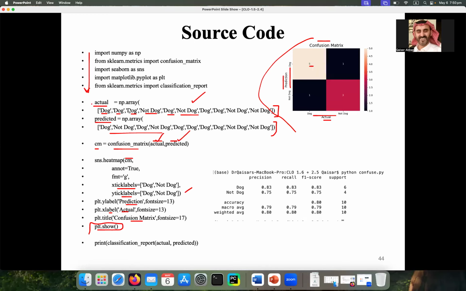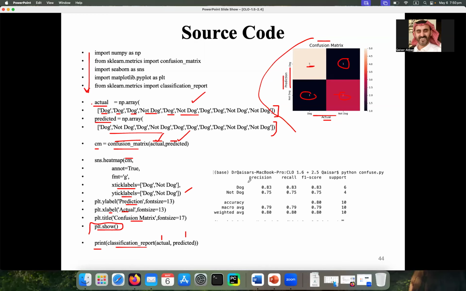These values are automatically counted, for example, which are actually dog and predicted as dog. The numbers you have here are automatically calculated, since you are using a pre-built function for the confusion matrix. Similarly, for the classification report, you give actual and predicted values.